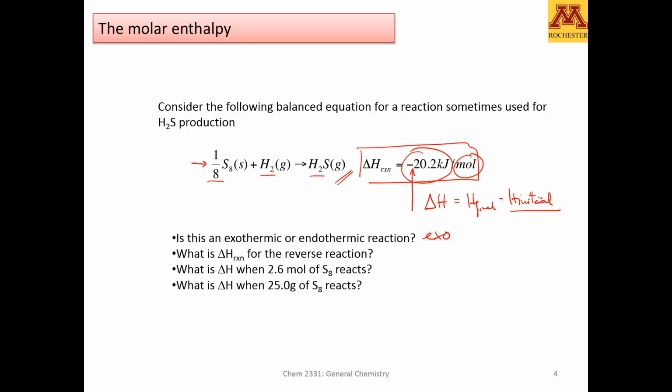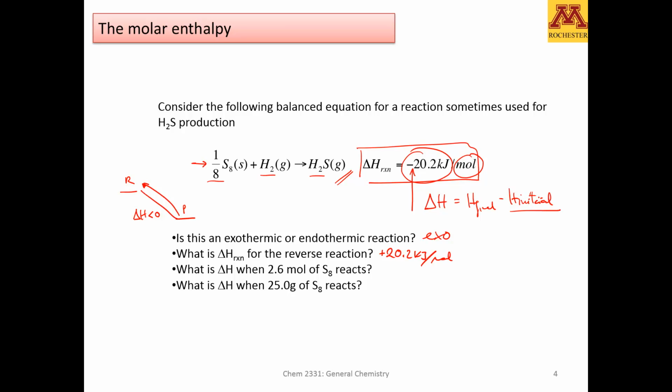So in this case, you could imagine going from reactants to products. From reactants to products, the delta H was negative, because it's final minus initial. But when going from products to reactants, instead of final minus initial, you have initial minus final, and you will have the same number, but just changing the sign. So what is the delta H of the reaction for the reverse reaction? It's 20.2 kilojoules per mole, and this is positive.